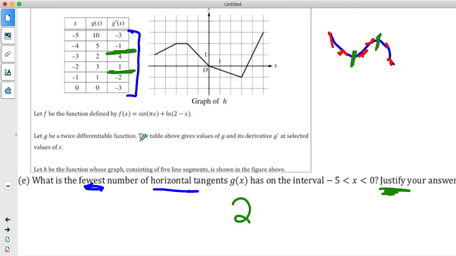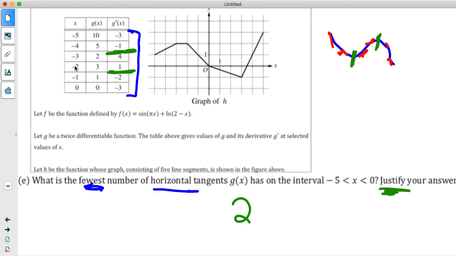All right, part E. This one was correct. They used the intermediate value theorem as their explanation, which is a good explanation, and that's basically what we were talking about. When you go from -4 to -3, the derivative of g, so g prime of x, goes from -1 to 4, so that means that g prime had to be 0 in there.